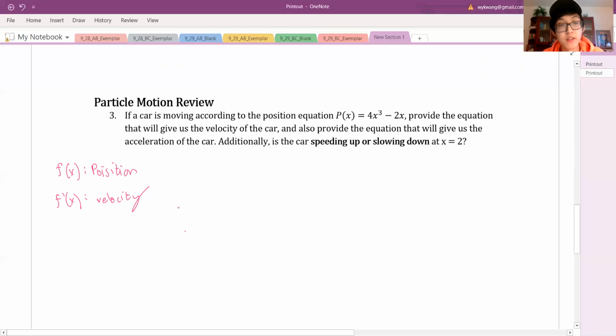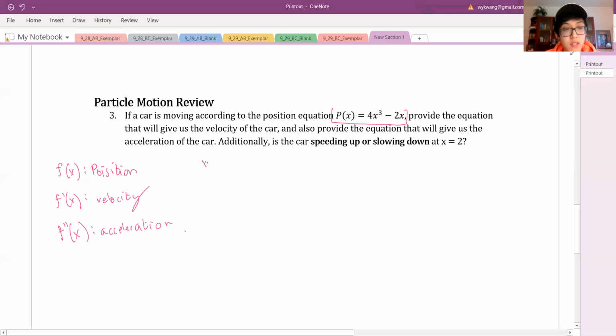Velocity can also be thought of as change in position. And f double prime of x, the second derivative, is acceleration. So if a car is moving according to this position equation, provide the equation that will give us the velocity of the car.